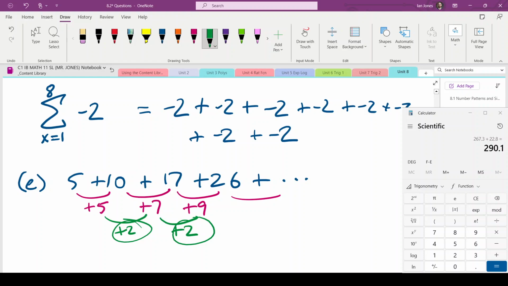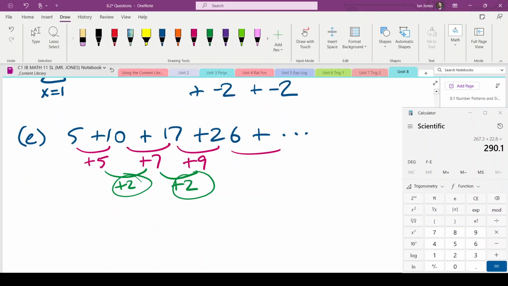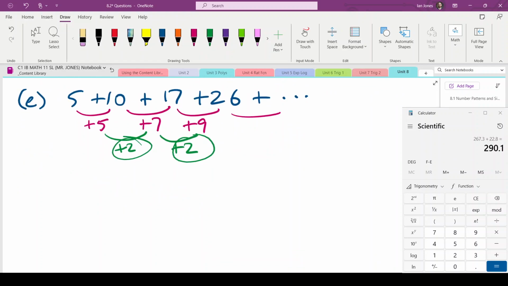So, what does this mean? Well, I'm just going to tell you, and when we do calculus, I can show you why. When you have this kind of situation where the thing that you're changing each time itself changes by a constant, it means that you're going to have an x squared.